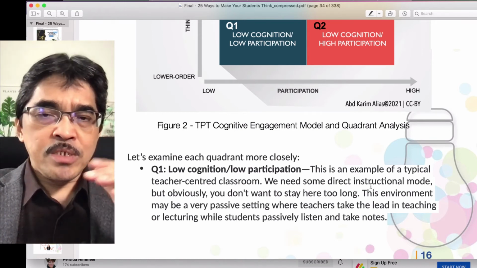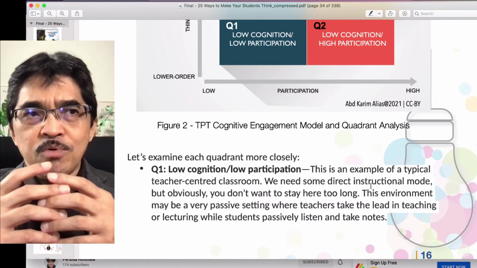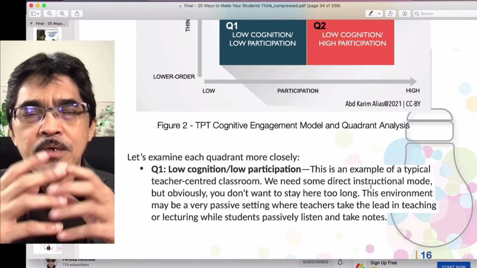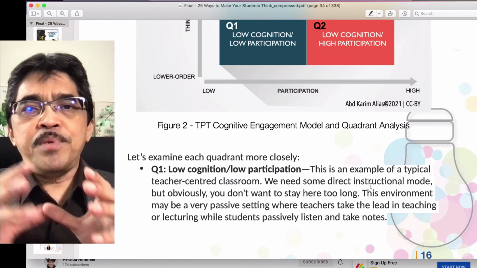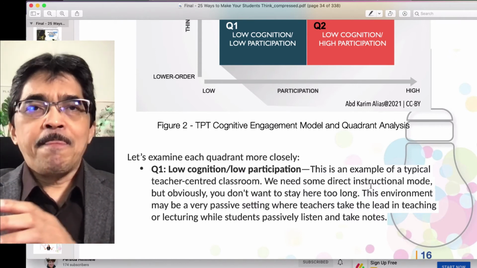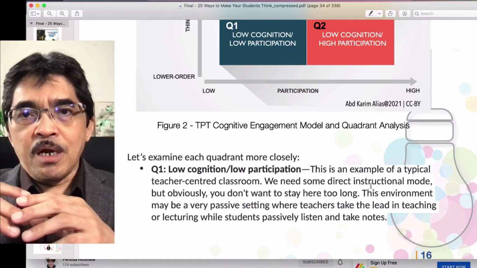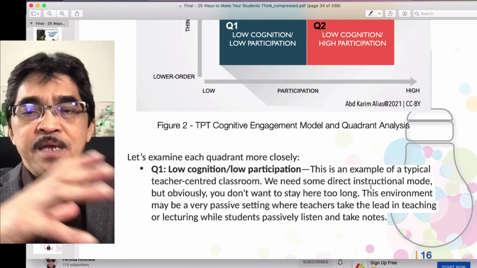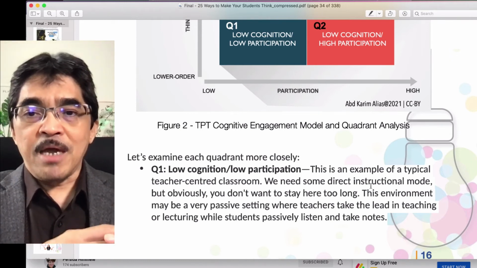I still believe that we need direct instruction, but I would say that the lecture part, or the teaching part, can be part of the debriefing or the closing part, the closure, when we summarize what the students have done in the learning activities or the tasks given to them.